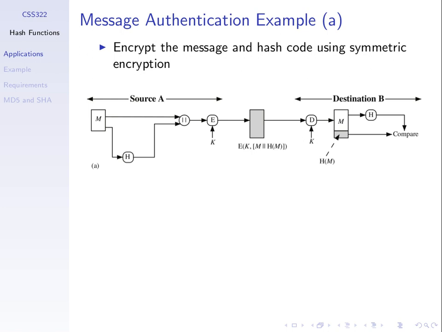So the source A now encrypts the combination of the hash and the message using their secret key K, and they send that as the ciphertext across the network. The receiver receives, decrypts with their secret key K, which should be the same as what the source had, and then does the verification.